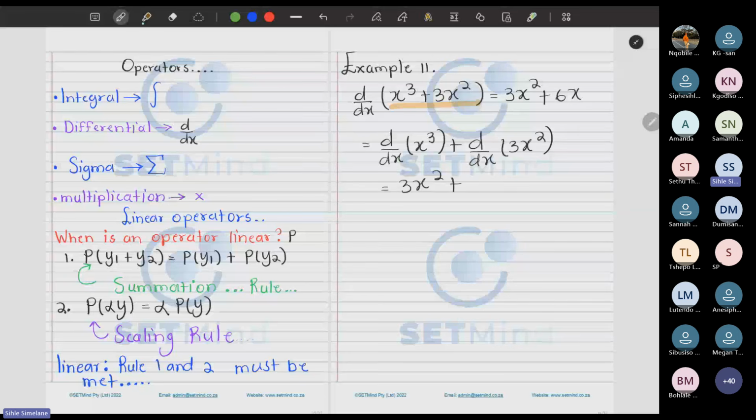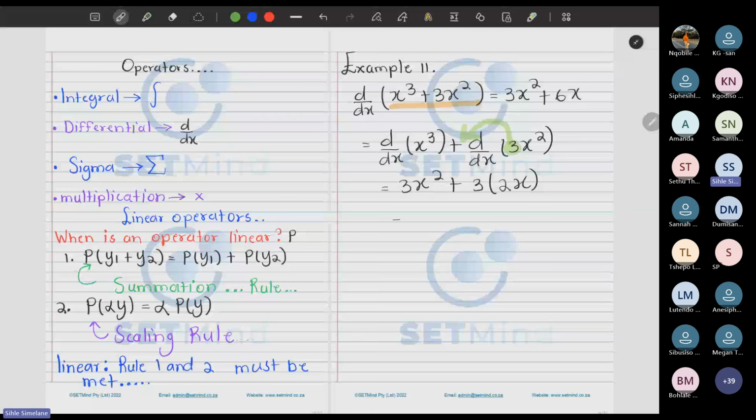For the second part, as we learned for differentiation, a constant you can always take outside, so you have 3. Then what you are deriving inside is x squared, which becomes 2x. And if you look carefully, the answer becomes 3x squared plus 6x. So we get the same answer.